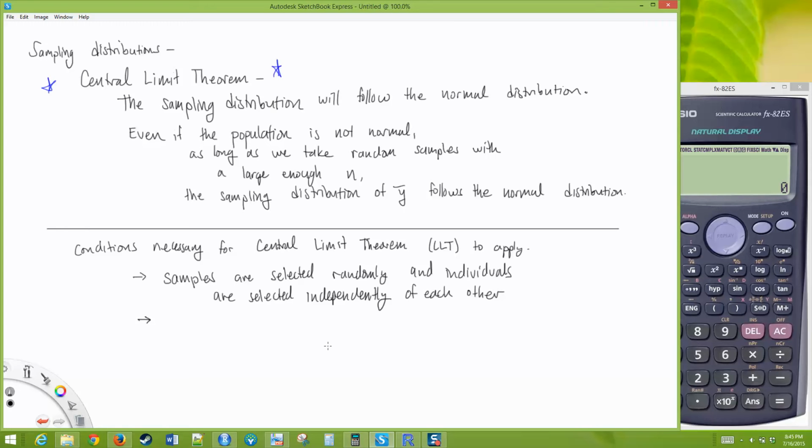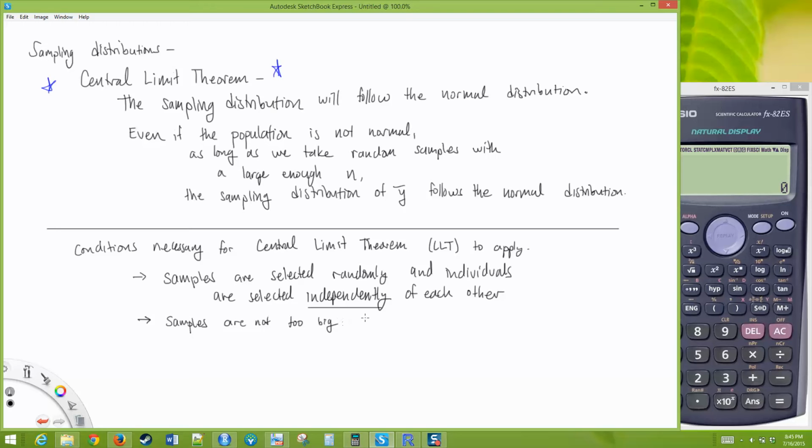Okay, so as soon as you start taking samples that aren't random, the concepts behind the central limit theorem fall apart. Okay. We have samples, and kind of going along with selected independently is the samples are not too big.